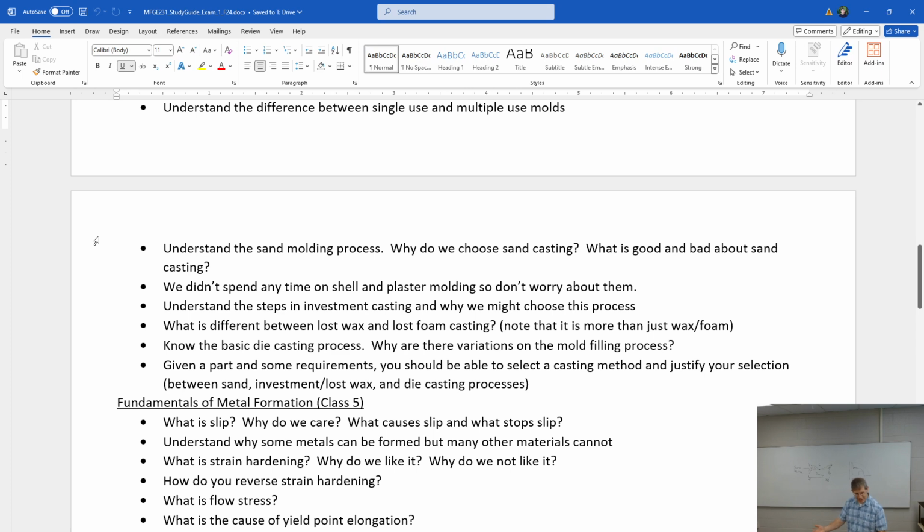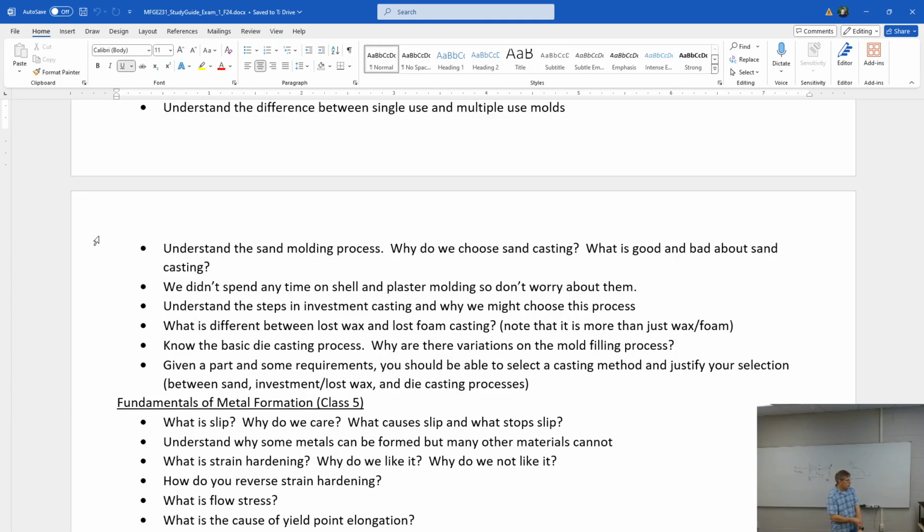Why do we choose sand casting? Why do we choose investment casting? You should know the difference between them, why one of them might be chosen in a different situation. You should know the basics of the die casting process and what it takes to want to do die casting. Why don't we just die cast everything? Because it's expensive, yeah. And we can only do it for low melting temperature materials because the mold has to be higher temperature capability than the thing that we are melting.